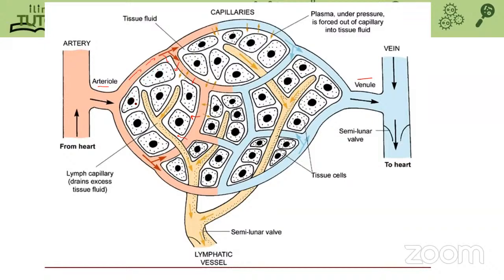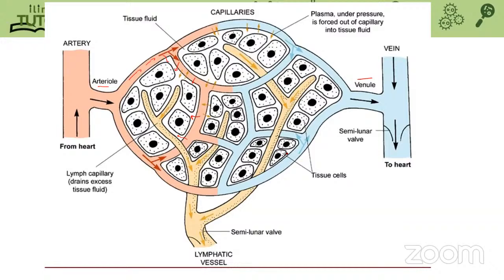By the time we look at the capillaries that are much closer to the venules, the blood that is flowing into these capillaries started at a high pressure. By the time it gets to the capillaries that are closer to the venules, the pressure is much lower. As such, osmosis takes preeminence here. So water now moves into the blood in this particular region.